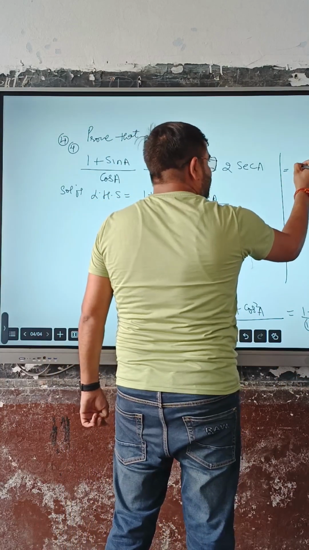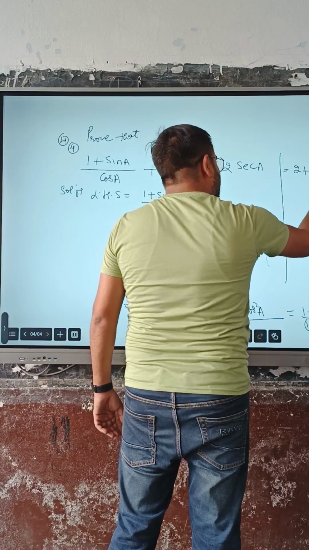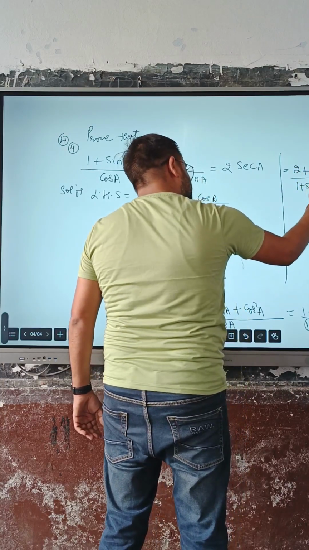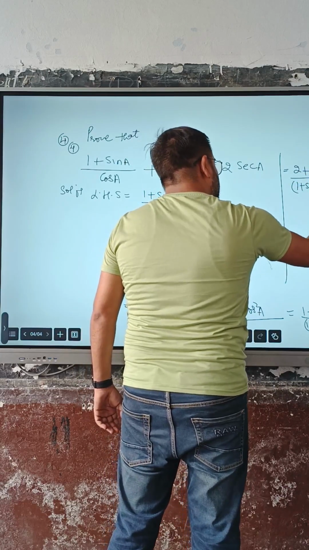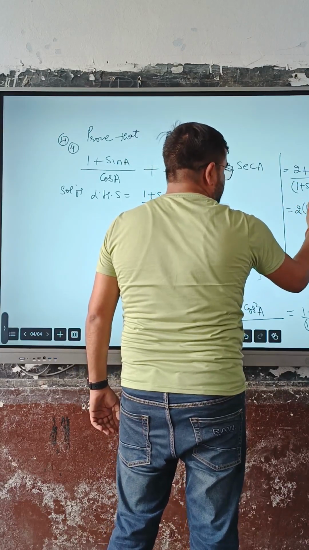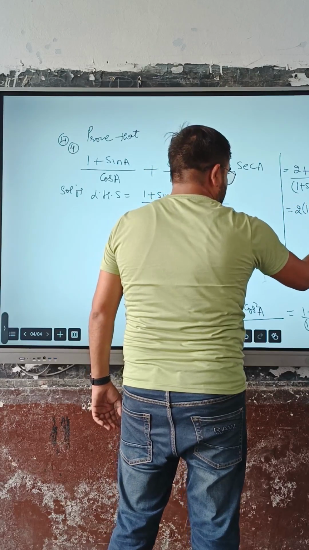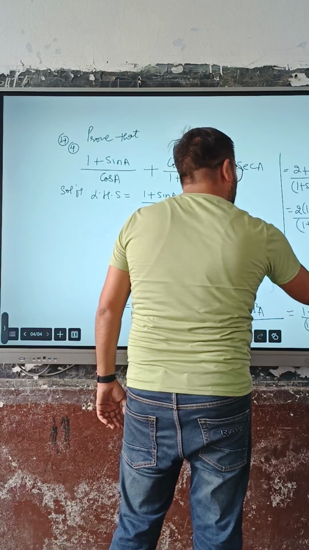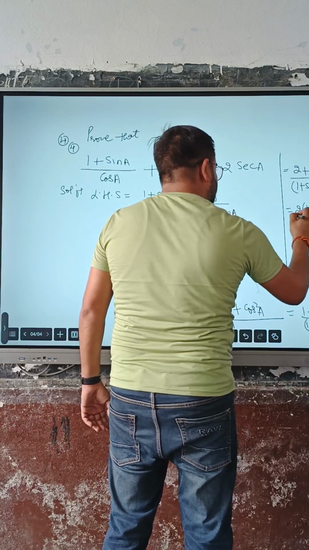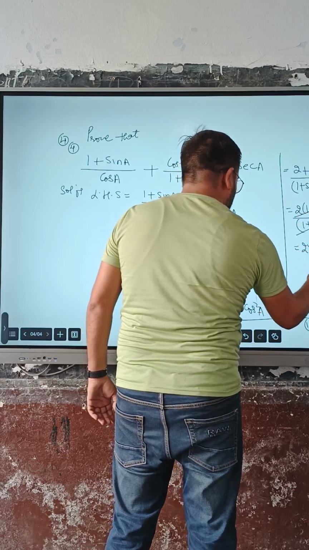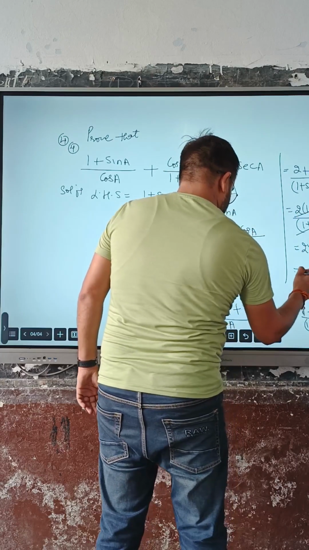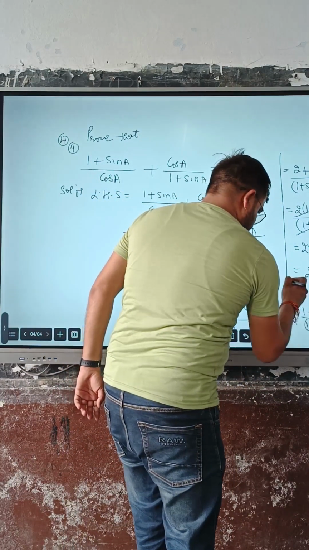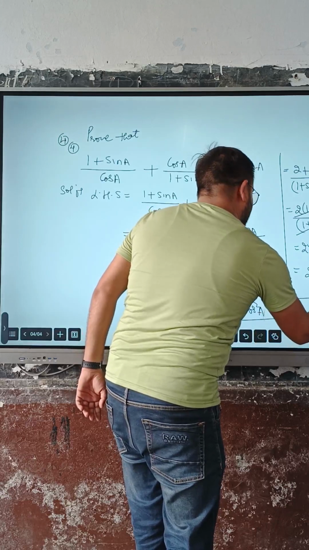So the left hand side is equal to 2 sin A divided by 1 plus sin A into cos A. By taking the 2 as common, 1 plus sin A over 1 plus sin A into cos A. So 1 plus sin A and 1 plus sin A cancel, 2 into 1 by cos A. So 1 by cos A is equal to secant A. That is our right hand side.